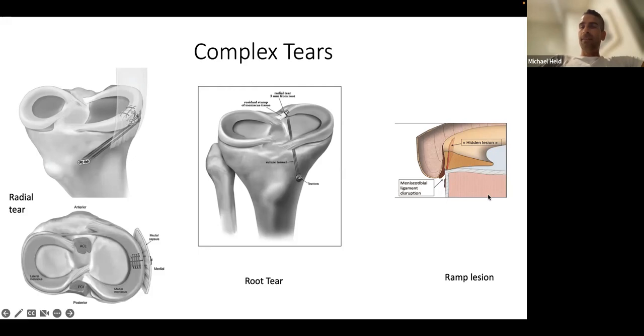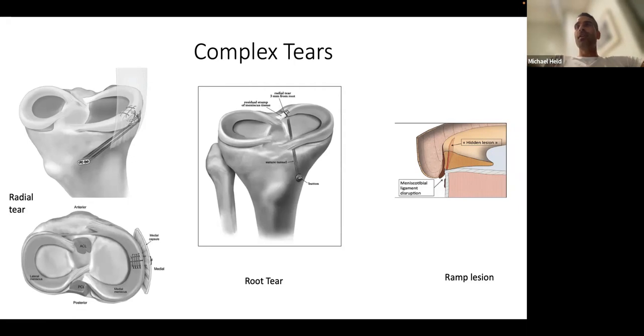And then a ramp lesion is basically a lesion of the medial meniscus, and the ramp is the capsule that's attached to the meniscus. So the meniscotibial fibers, if they are torn or if there's a discontinuity between those fibers and the meniscus, it's called a ramp lesion. Those are very difficult to see through an anterior portal arthroscopy because it's hidden underneath the meniscus.